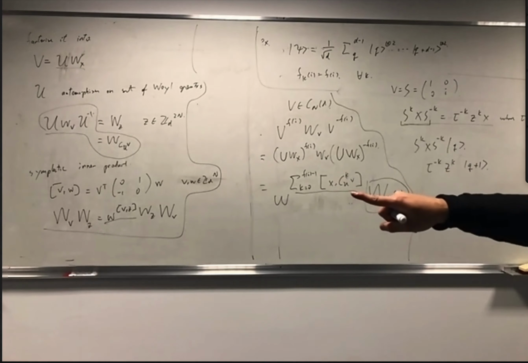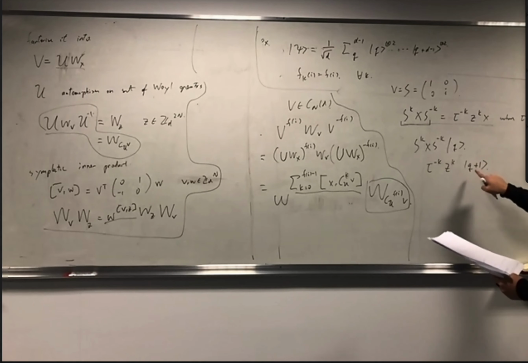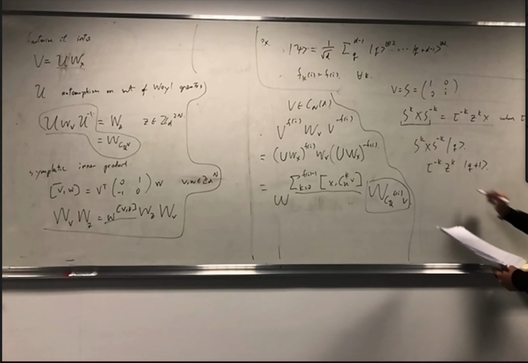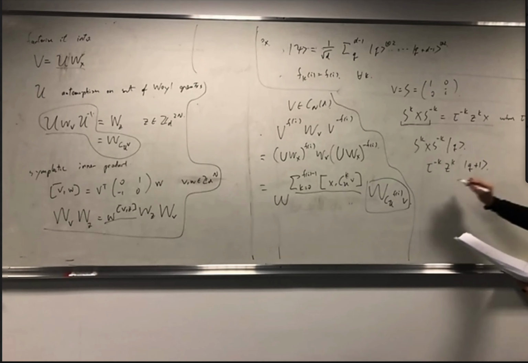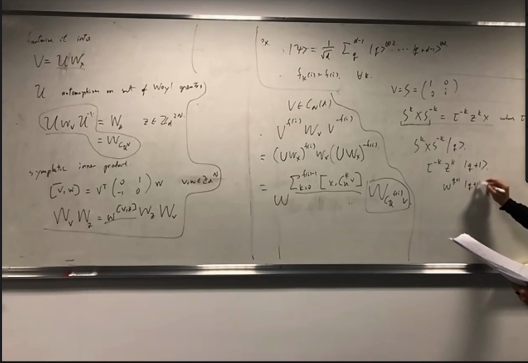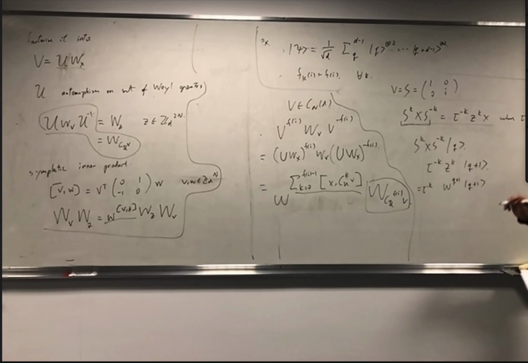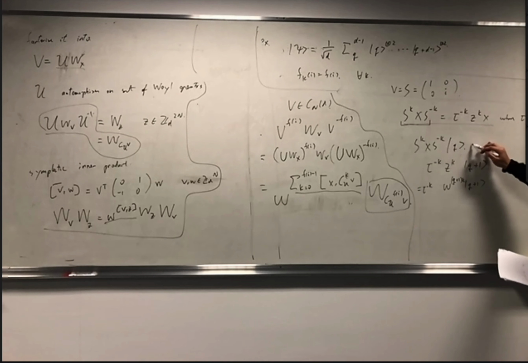When you do Z, you multiply the state by a phase of omega to the power of q plus 1. But you did it k times, so you multiply by k here. This is just for one qubit.